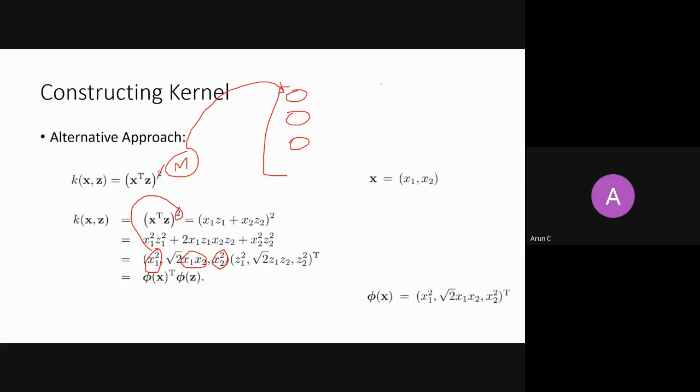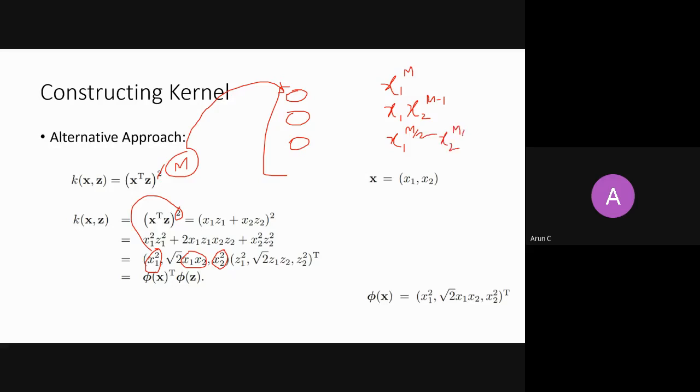Like x1 to the m, or x1 into x2 to the m minus 1, and the third term can be x1 to the m by 2 and x2 to the m by 2.